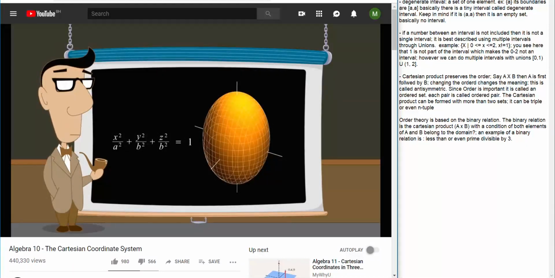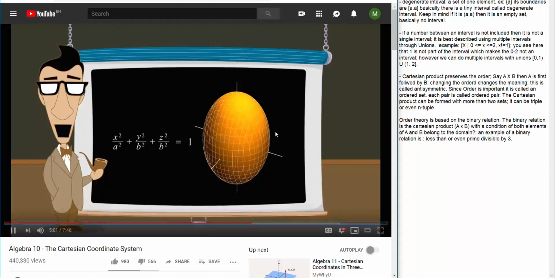Likewise, algebraic equations can be visualized as geometric shapes. This is possible because, as we will soon see, algebraic equations define sets of points which, when viewed in the Cartesian coordinate system, appear as shapes.